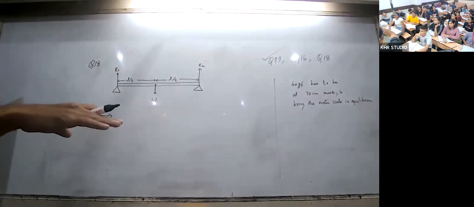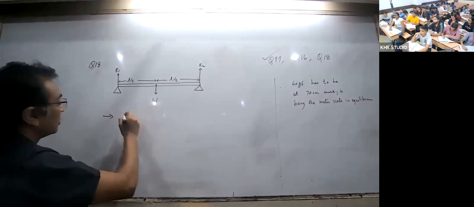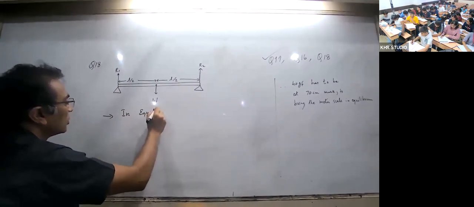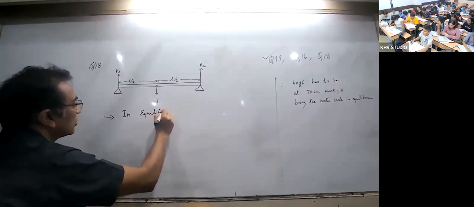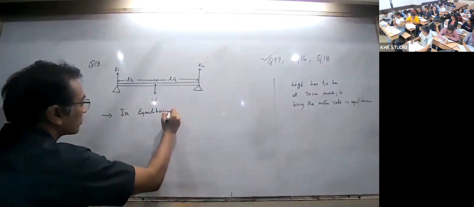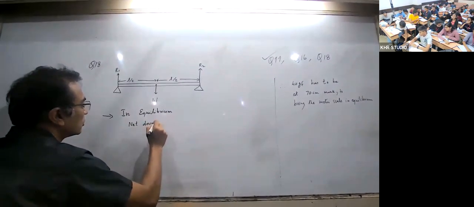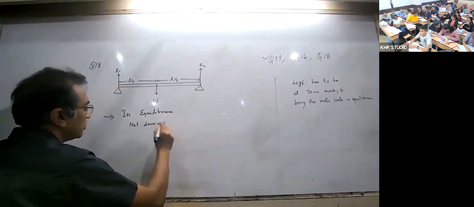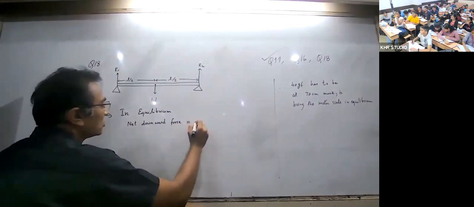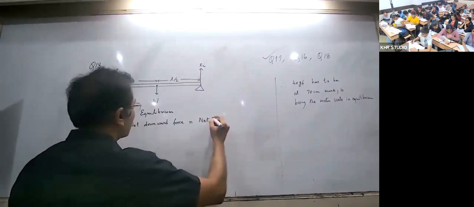W. Now this is static equilibrium, so R1 plus R2 must be equal to W. Weight and reaction, that's it.